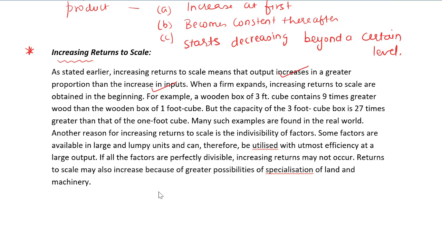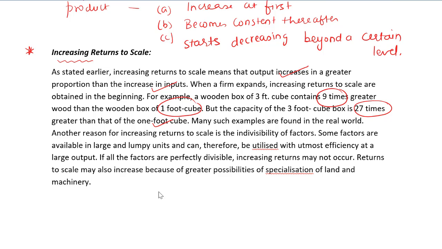For example, a wooden box of 3 feet cube contains 9 times more wood than a wooden box of 1 feet cube, but the capacity of the 3-foot cube box is 27 times greater than that of the 1 feet cube. Many such examples are found in the real world.